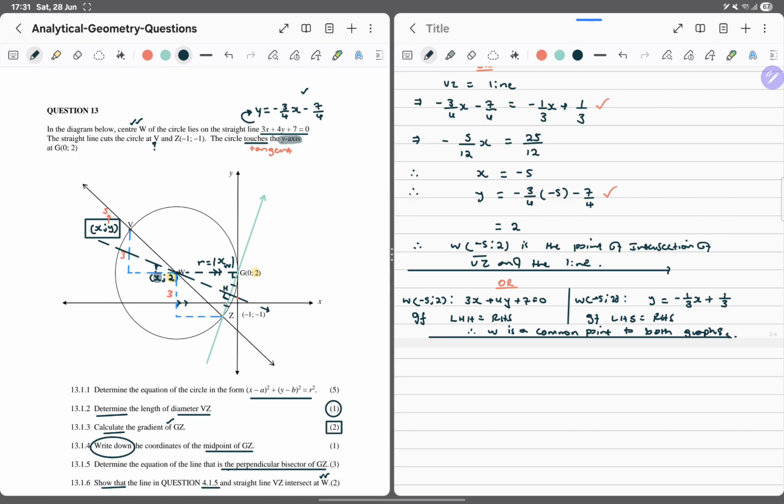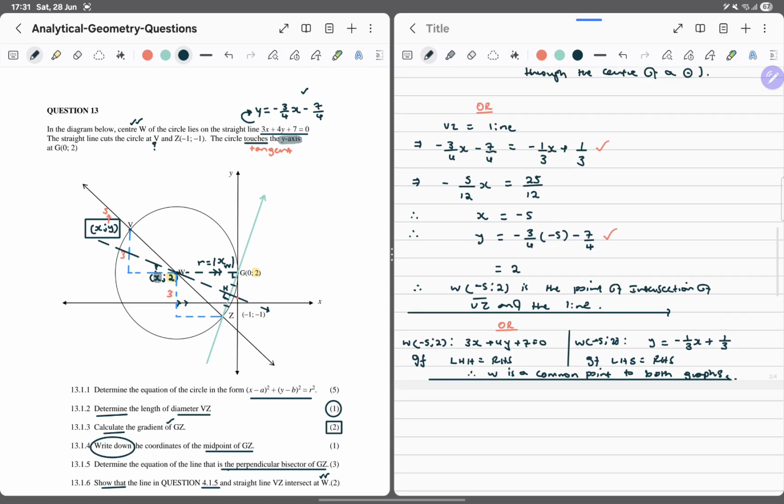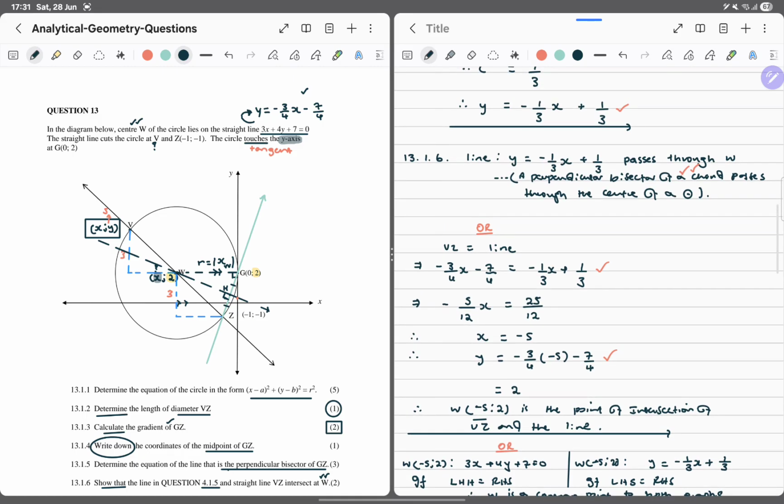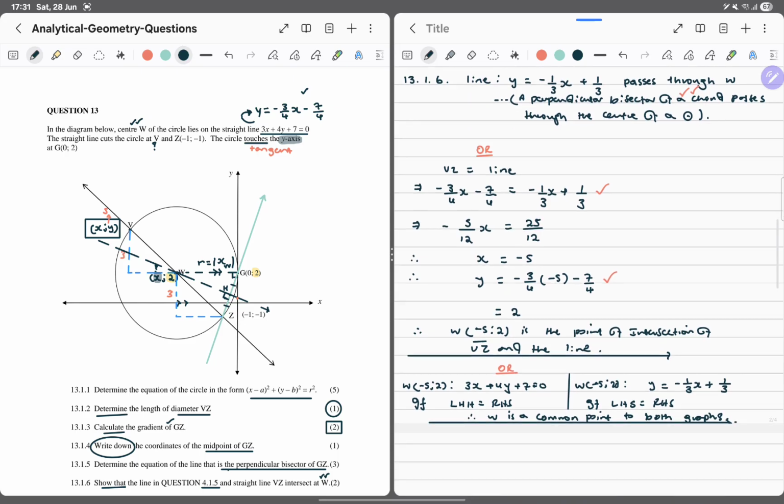If the left-hand side balances the right-hand side, it means W is a point on that line. So there are many ways of doing that. As you can see, this is also just as labor intensive as solving simultaneously. But a student who's confident in the subject can just use theorem 1 to sort out the mess without struggling, because that's good enough as well.